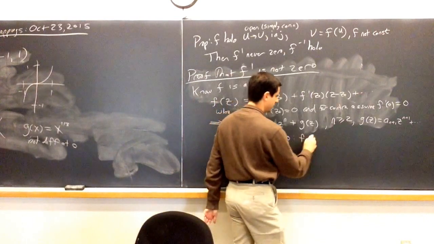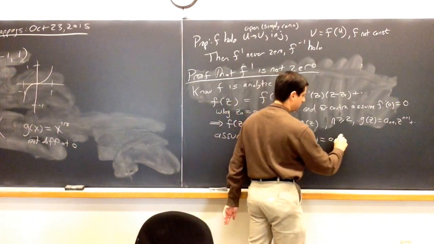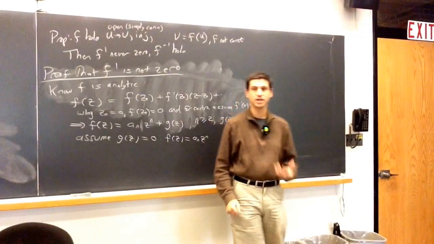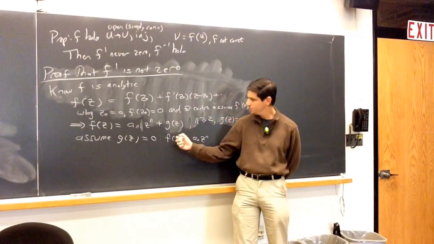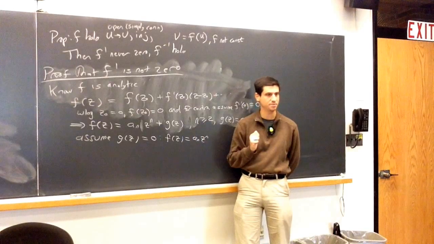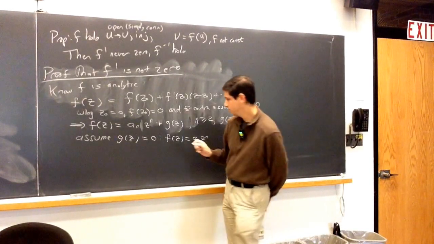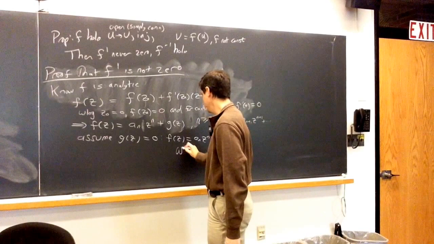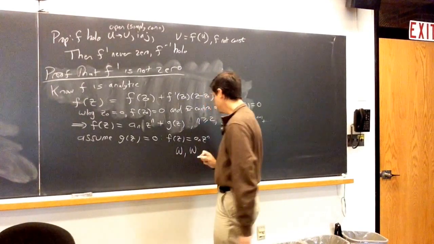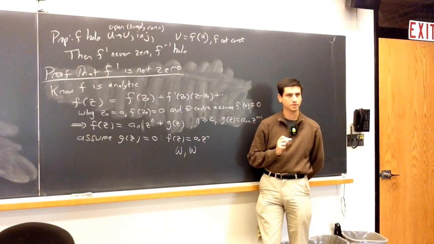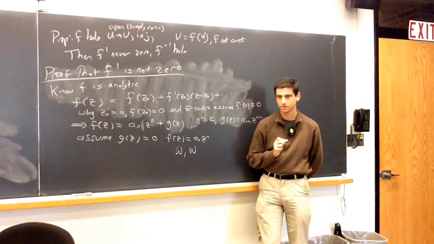So then we would have f of z equals a_n z to the n. We want to violate injectivity. We want to find 2 points that get mapped to the same. Can you give me 2 different z's that get mapped to the same thing? So I claim, say, w, and what should I multiply w by to get the same output? If n is even, we can take minus w.